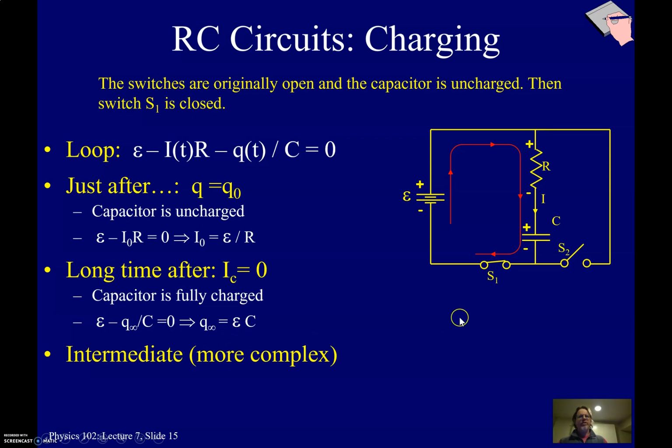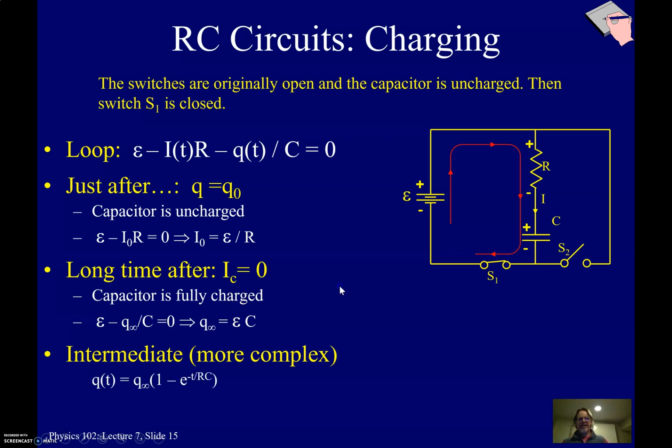Now, between 0 time and infinite time, as this charges, the flow is going to get smaller and smaller until you're at full capacity. So your current is changing over time, your charge is changing over time, and that means your potential across this is changing over time. So it gets a little more complicated.